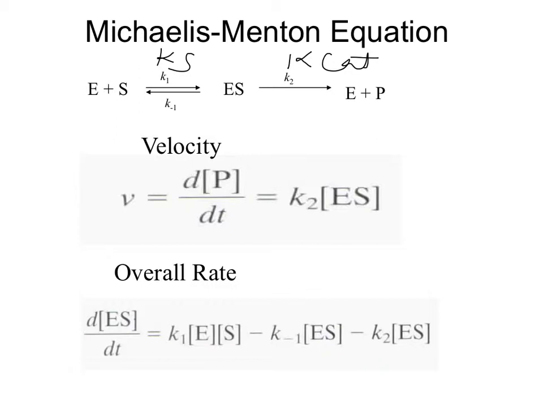Also, when looking at the velocity, when you substitute kcat instead of K2, velocity is then equal to kcat times enzyme substrate. So please bear with my handwriting here.